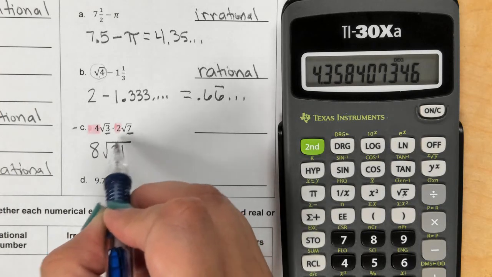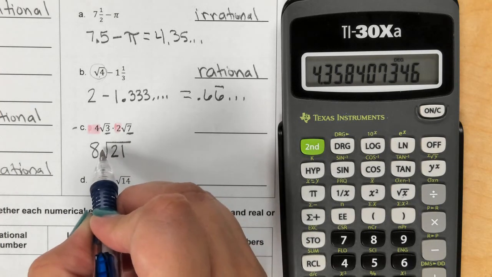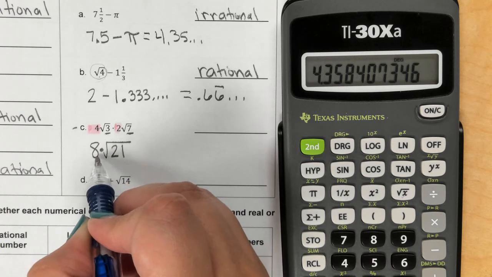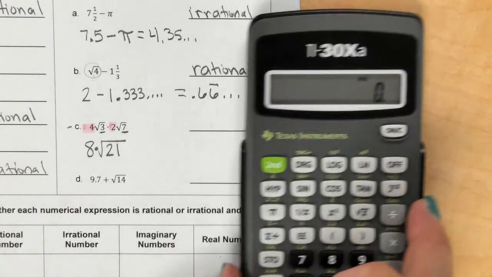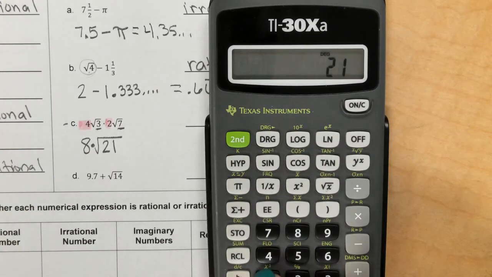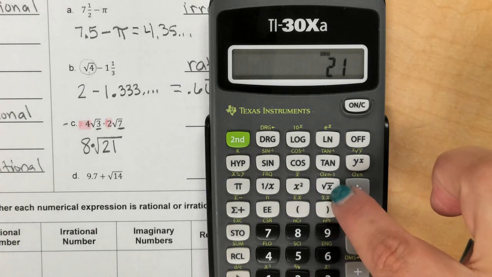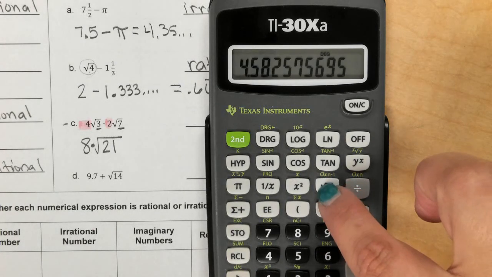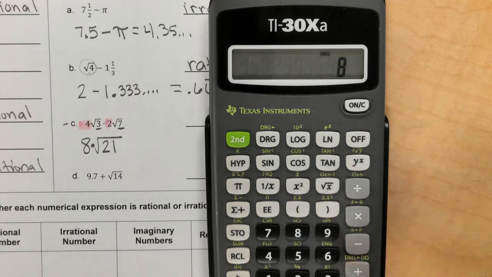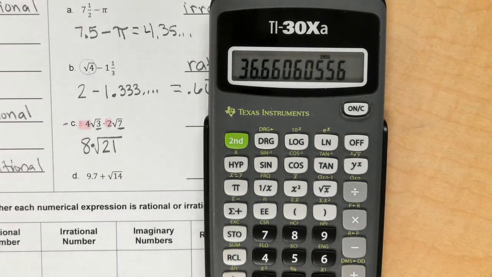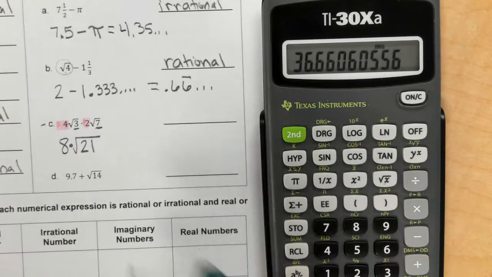So you do the square root of 21, and then you multiply it to 8. So you remember, you do 21, click the square root, then times 8 equals. 36.66. But is that repeating? No. Look at the whole number. It's not repeating. So what is that?